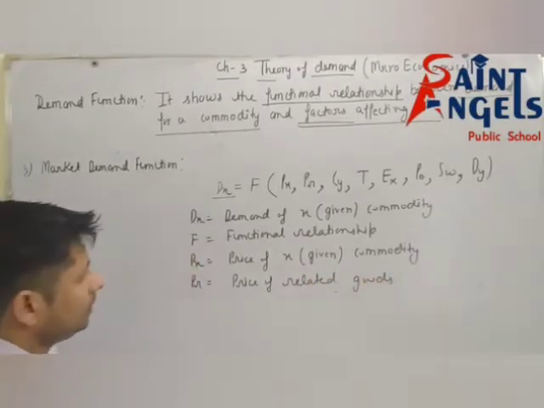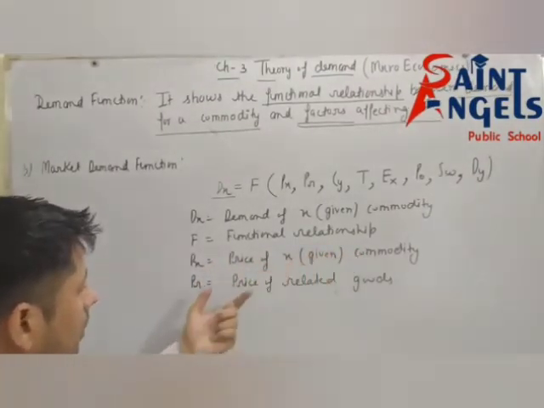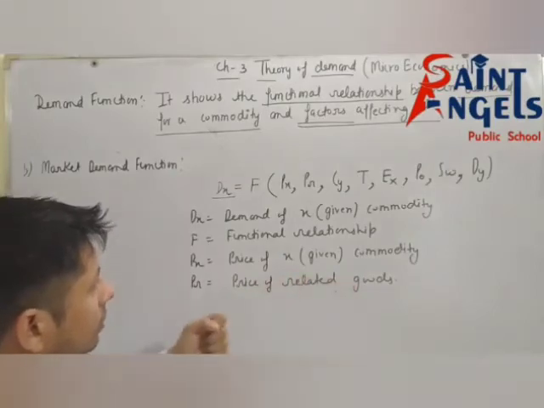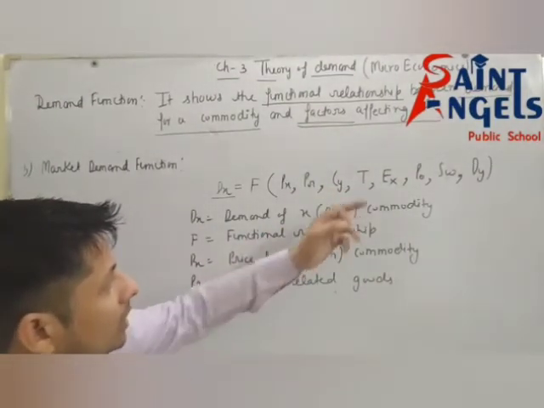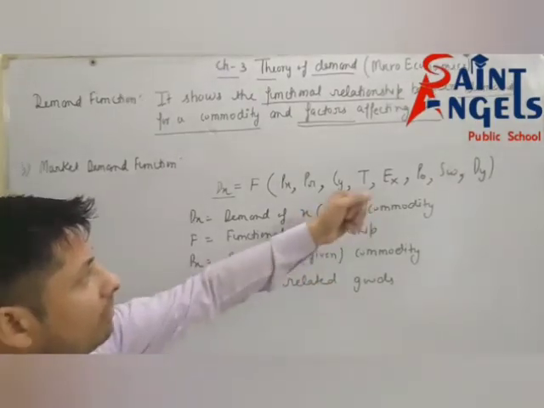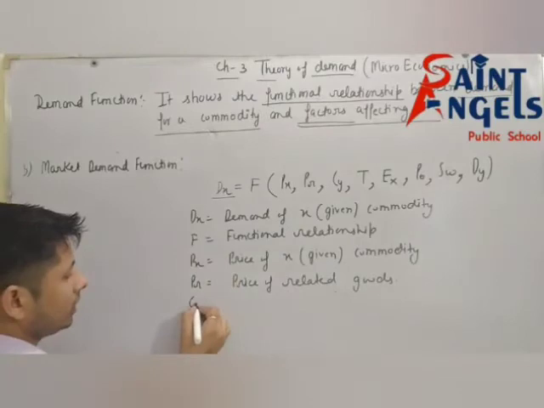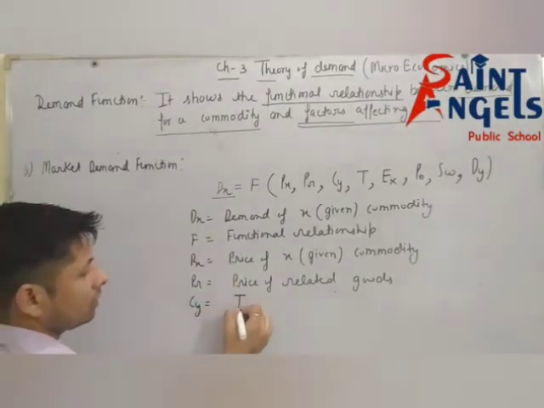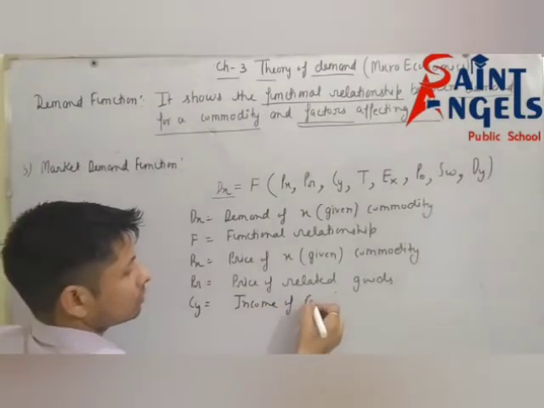After this we will discuss what is price of given commodity, price of related goods, income of consumer, taste and preferences. CY means income of consumer.